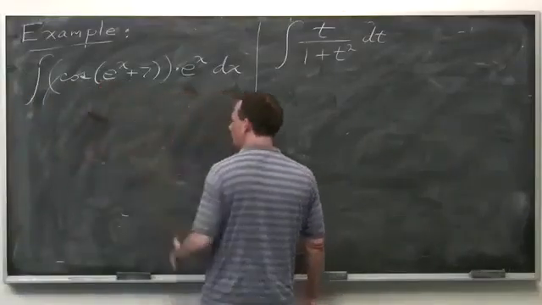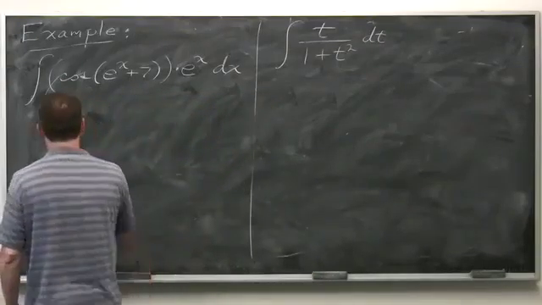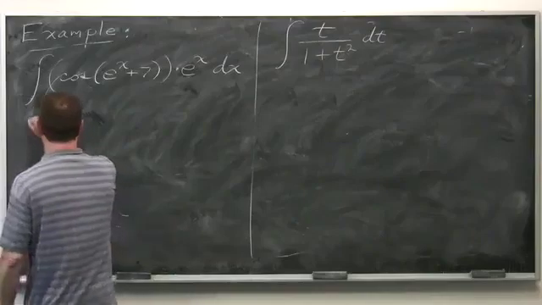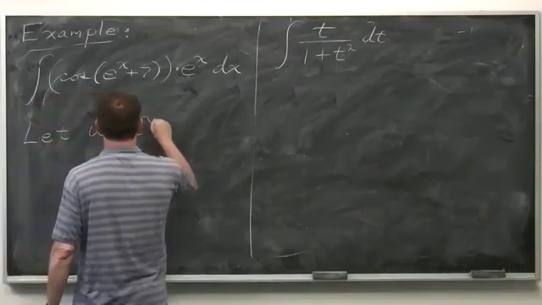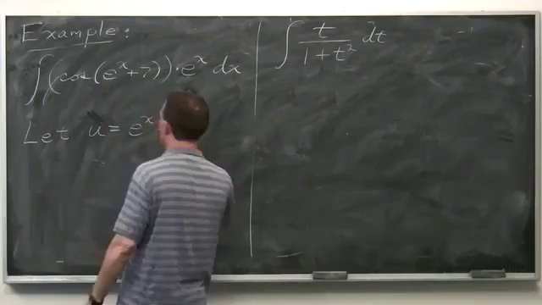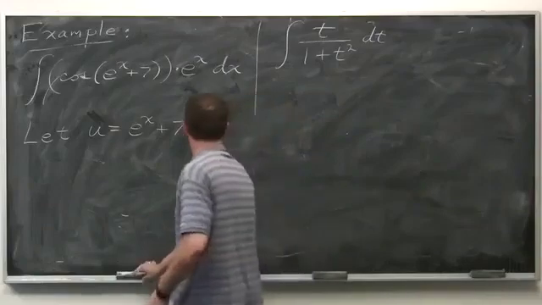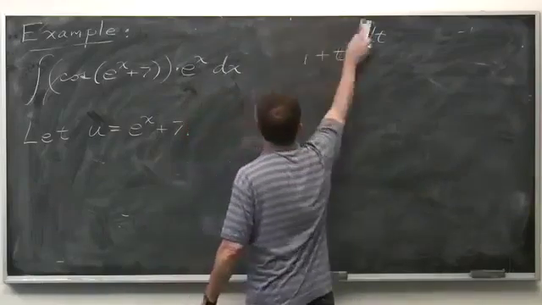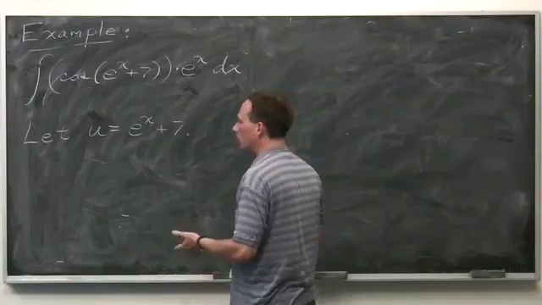We've got cosine of e to the x plus 7. So what you should hope is that the substitution where you let u equal e to the x plus 7 would work, that it would change this integral into something easy. Let me give myself more room. So what do you write at this point?